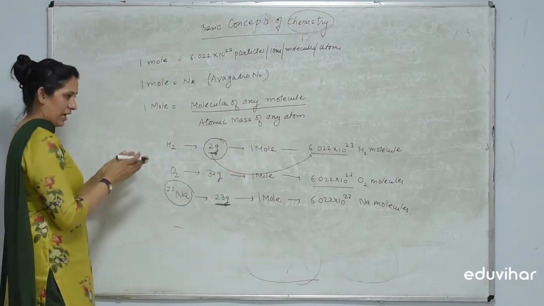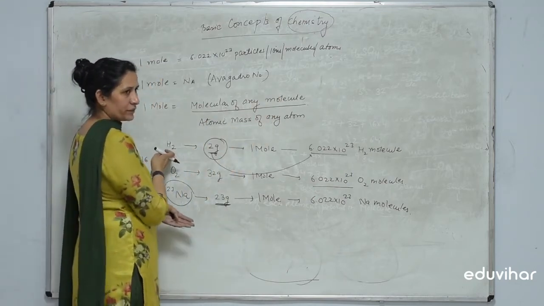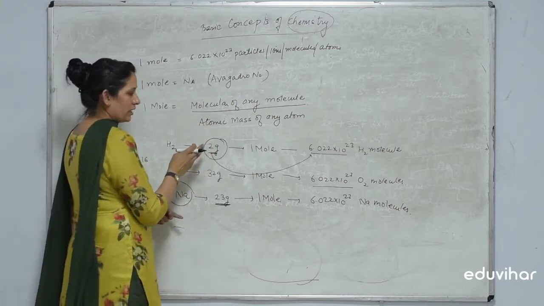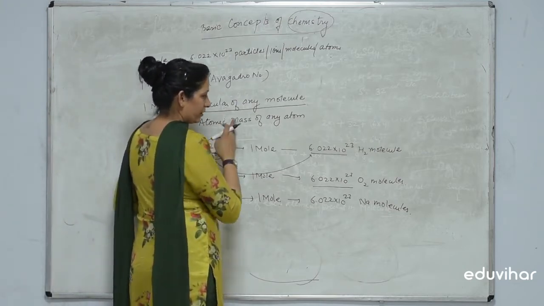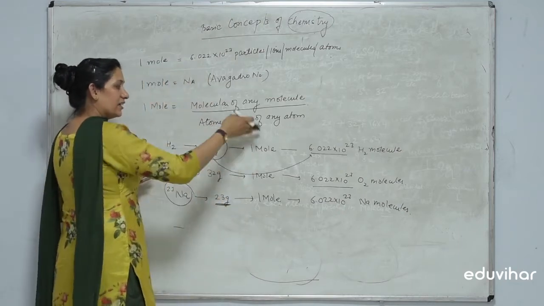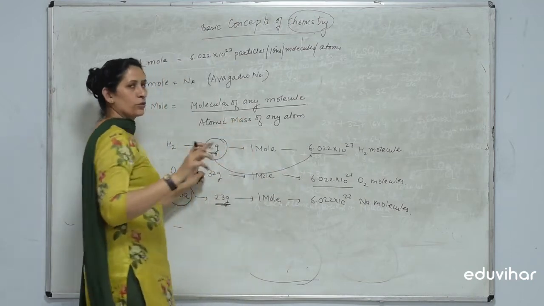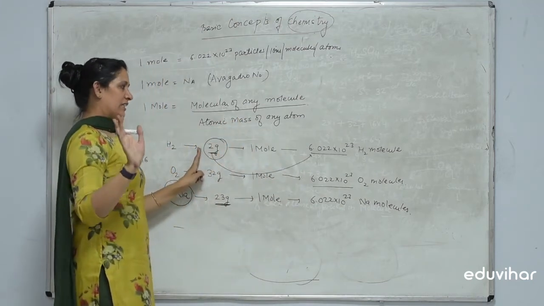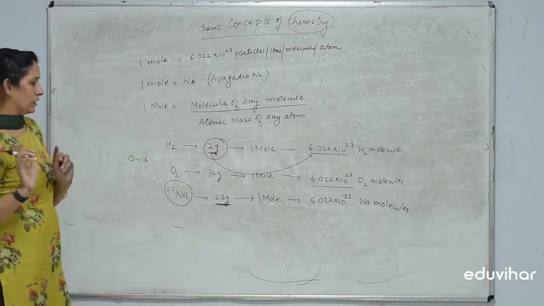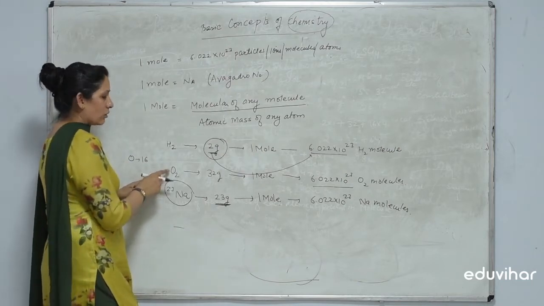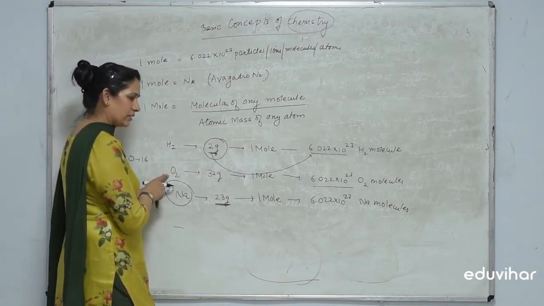I am taking some examples. Hydrogen has the molecular mass 2 gram. If it has the mass 2 gram, that means it contains 1 mole. If it contains 1 mole in 2 gram, it means it contains 6.022 into 10 to the power 23 hydrogen gas molecules. Again, oxygen molecule has the molecular mass 32 gram.